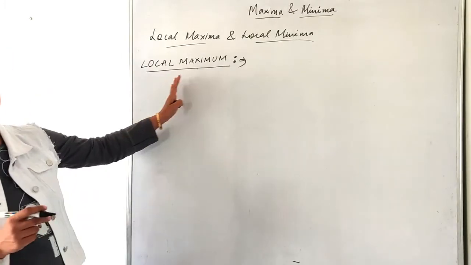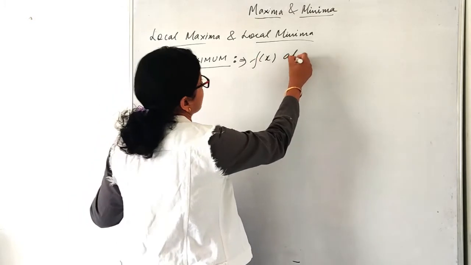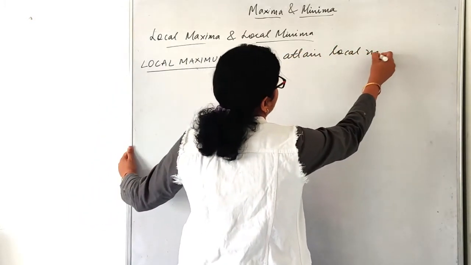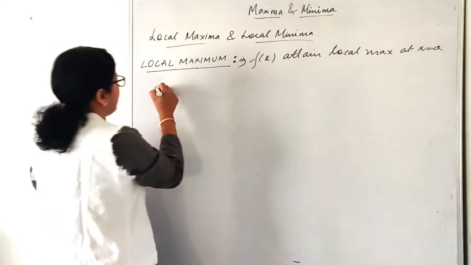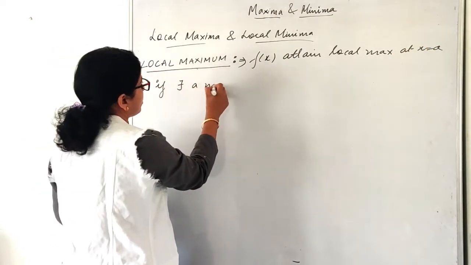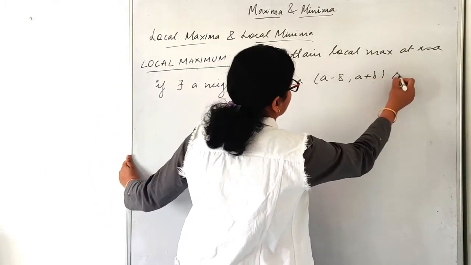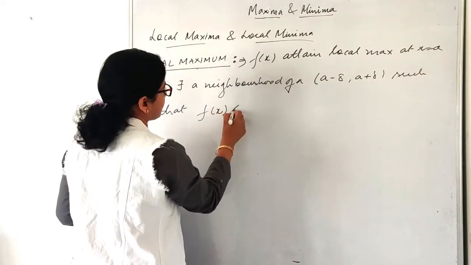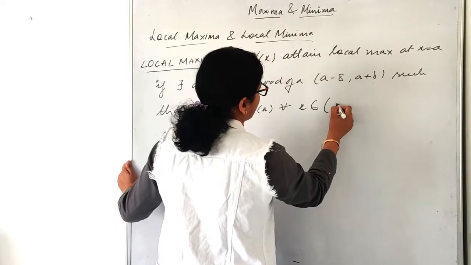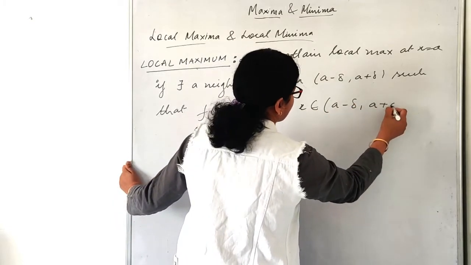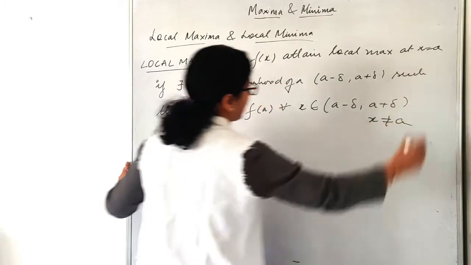Now see what exactly local maximum is. So f(x) attains a local maximum at x = a if there exists a neighborhood (a minus delta, a plus delta), such that f(x) is less than f(a) for all x belonging to (a minus delta, a plus delta), where x is not equal to a.